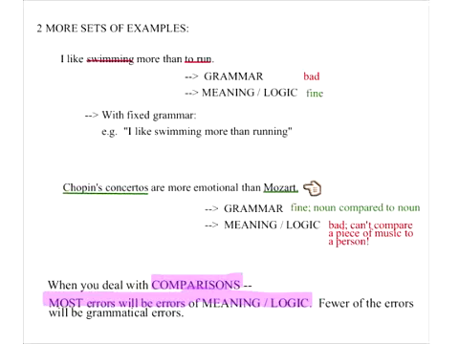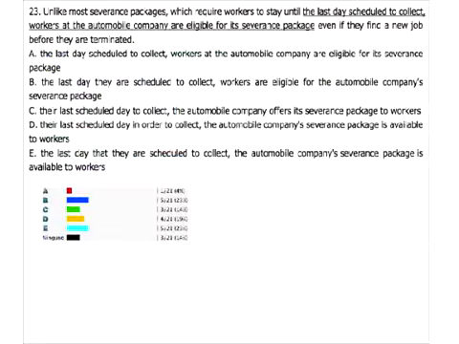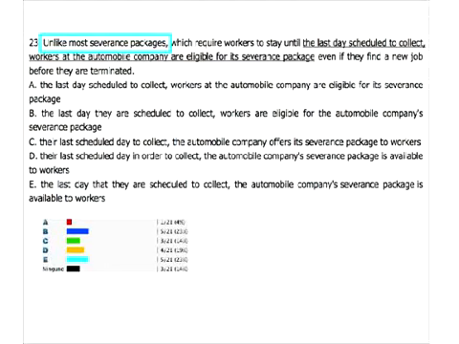So let's go back to the problem that the class did at the outset of this discussion. That's this problem. So "unlike most severance packages" is setting up a comparison. That's a direct comparison, the kind of comparison that's probably easiest to notice.